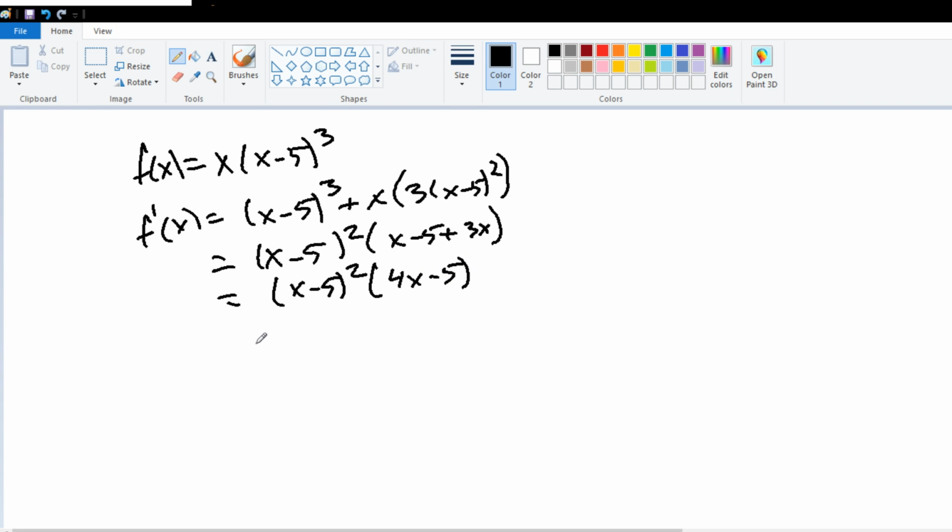So that means that our roots are going to be x equals 5 and x equals 5/4. These are our critical points because they are the zeros of our derivative. We have no asymptotes on our derivative; it's defined at every point, so we only have to worry about where it is 0. Okay.